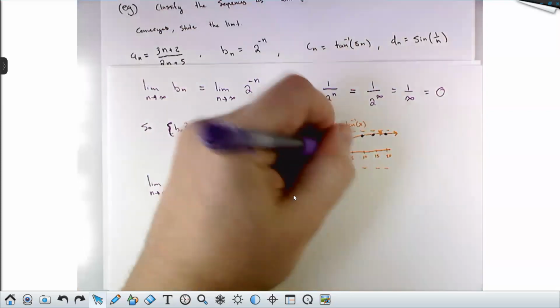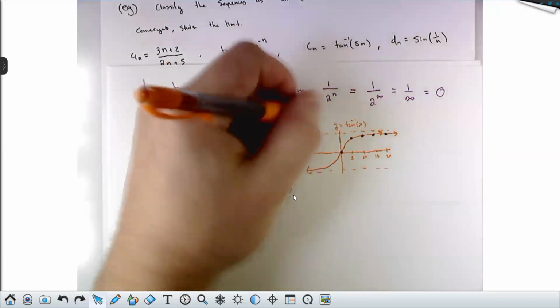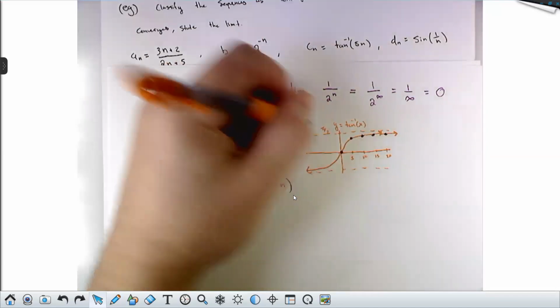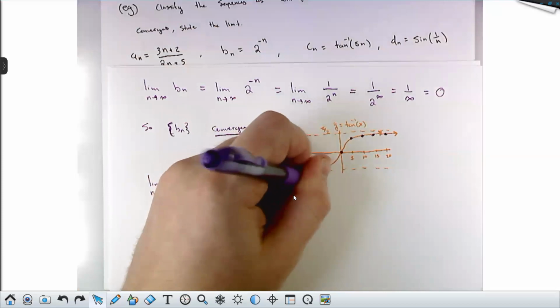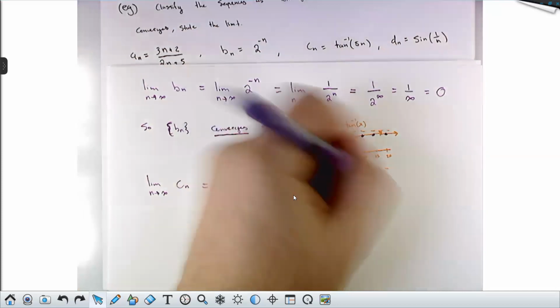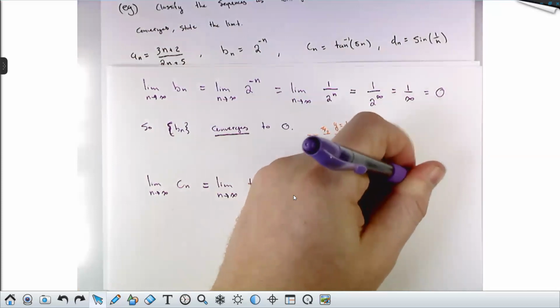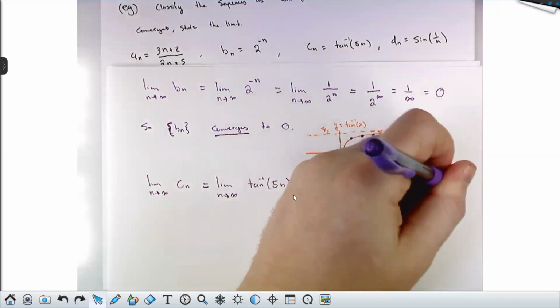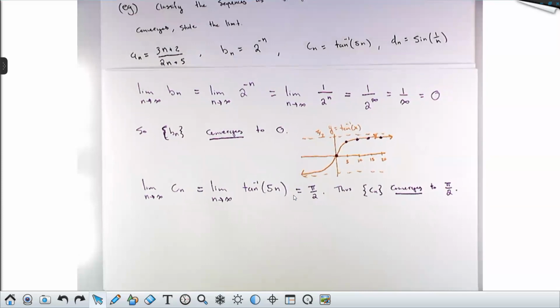So yeah, those purple dots have no choice but to get closer and closer to whatever that horizontal asymptote is. And that horizontal asymptote is pi over 2. So I would say the sequence Cn converges to pi over 2. And these are all just limit tricks that you should remember from Calc 1. I'm just trying to help jog your memory.